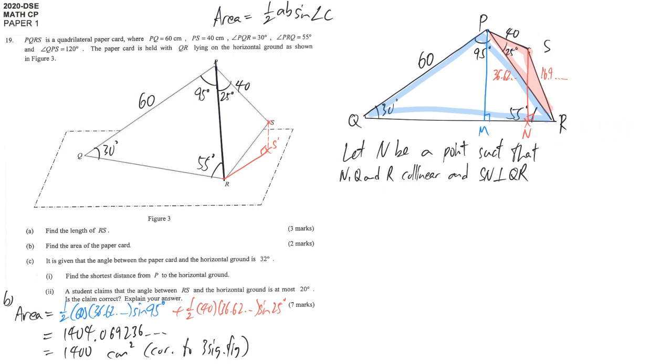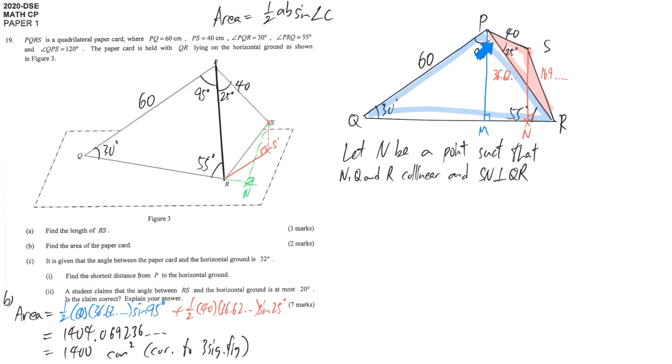So now we are going to get SN. If we draw from figure 1, maybe N is somewhere here, it depends. So we need to find out how long is SN. There are a few methods for you to get SN. For example, you may use cosine formula to get angle PRS, and then together with this angle, you can compare with the hypotenuse here to get the opposite side.